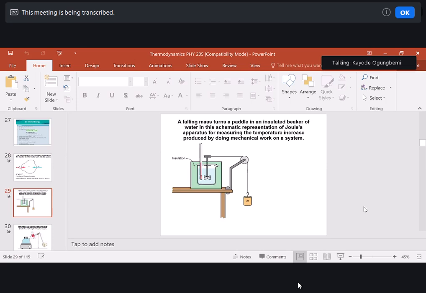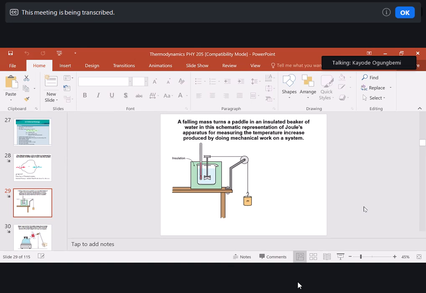Let's look at this example. A falling mass turning a paddle in an insulated beaker of water. In this schematic diagram, look at it. The moment you release the mass, this paddle will roll through the pulley, and down we have the stirrer. The stirrer will raise the temperature within the content, okay?